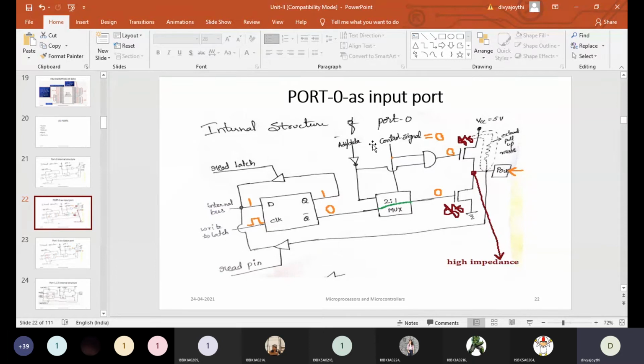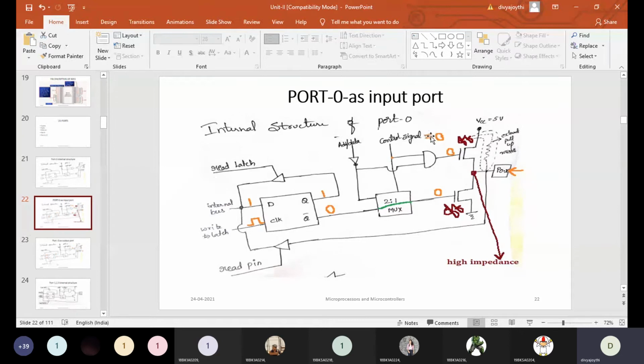But here, as of now, we want to use port 0 as an input port. That means you want to connect a particular device to that port, so it should not carry any data and address. So to make sure that port 0 is not carrying any address and data information, the control signal value should be 0.